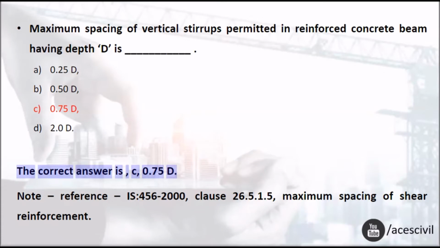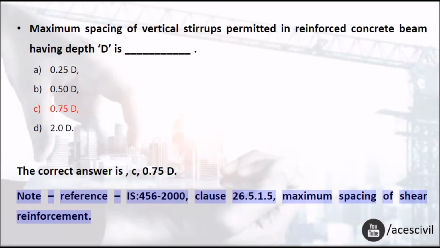The correct answer is C. 0.75 d. Note reference: IS 456-2000, Clause 26.5.1.5, Maximum spacing of shear reinforcement.